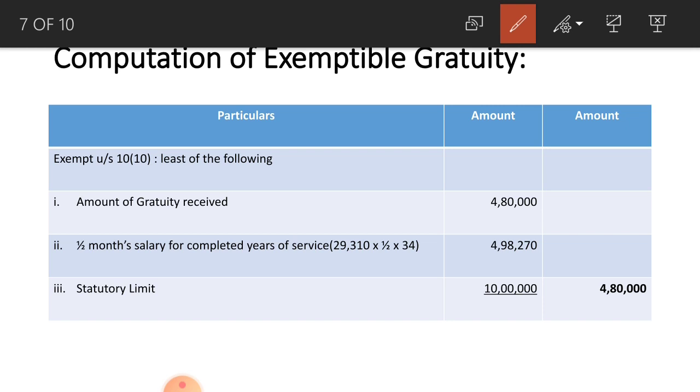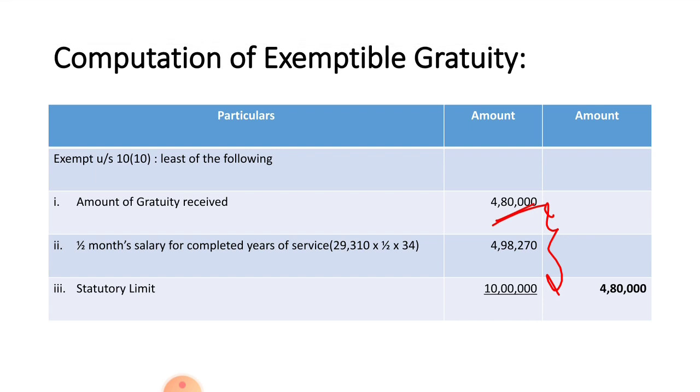Under not covered it is 10 lakhs and under covered by the Payment of Gratuity Act it is 20 lakhs, here not covered, so 10 lakhs. Least of the following, 4,80,000, is the exemptible gratuity amount. So this is the calculation of exemptible gratuity.